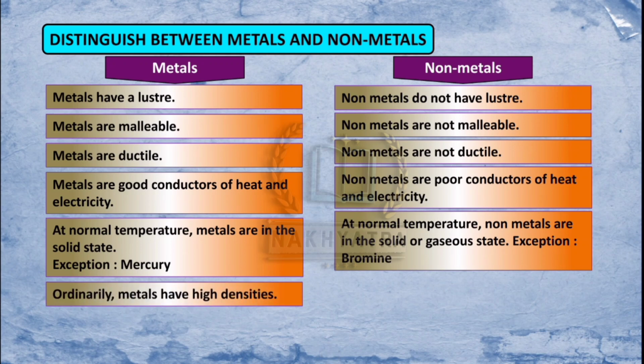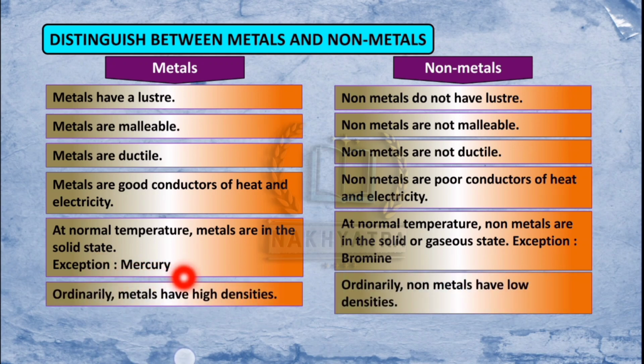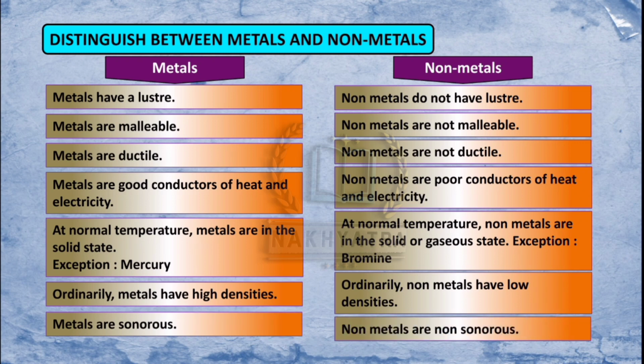Alright. Ordinarily, metals have high densities. Ordinarily, non-metals have low densities. Metals are sonorous, whereas non-metals are non-sonorous. Metals have the property of sonority, whereas non-metals do not.